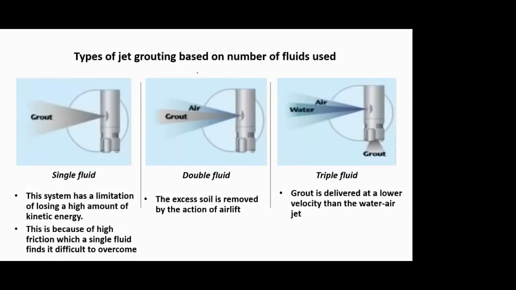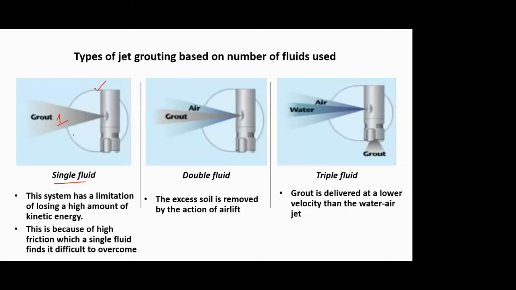And in this jet grouting also, there are a few types. The types are basically based on how many grouts, or rather how many fluids, you are using. So a basic one is a single fluid grout, in which you have this nozzle, and only one type of fluid is injected into the soil, that is the grout itself. Okay.